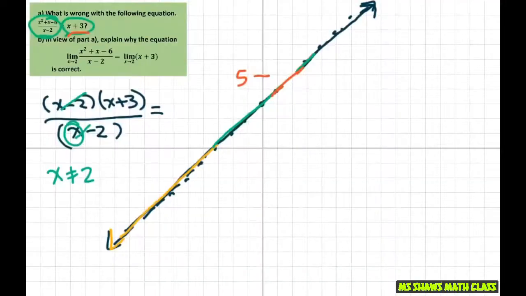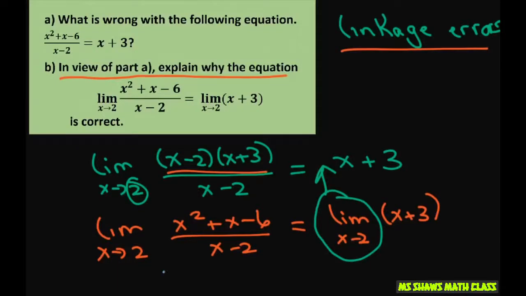And the only difference is this: if you take your left-sided limit and approach 2, and you take your right-sided limit and approach 2, you still come up at 5. All right? And that's why this is okay as long as you write it this way, because this would equal 5 and this would equal 5.